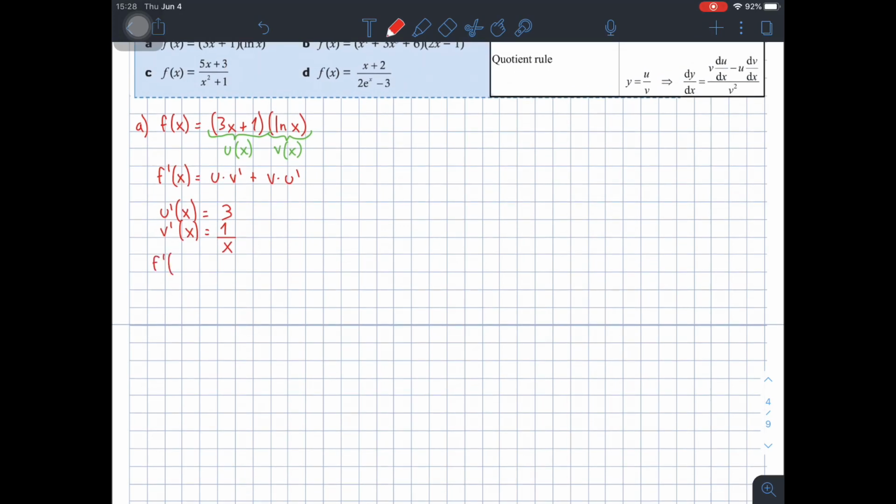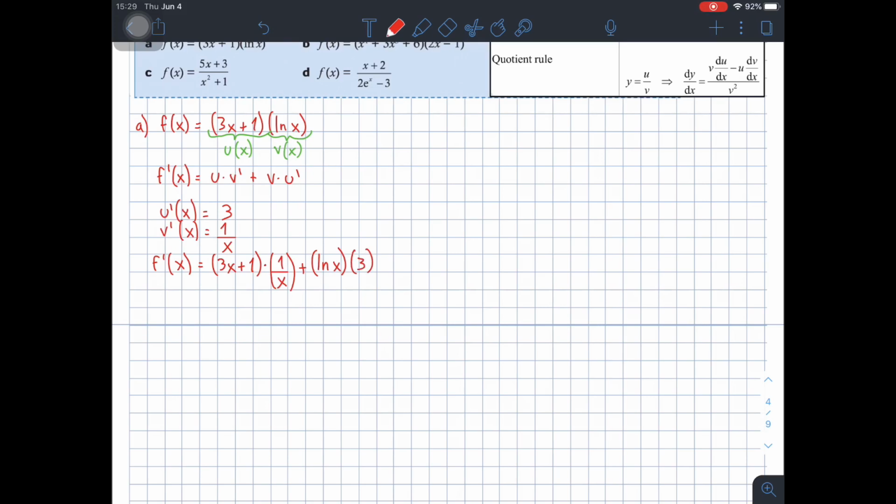So f prime of x is equal to u, which is 3x plus 1, times v prime, which is 1 divided by x, plus v, which is natural logarithm of x, I'll write this using parentheses, times u prime, which is 3.